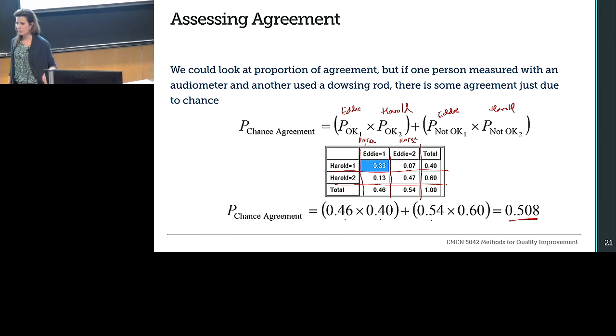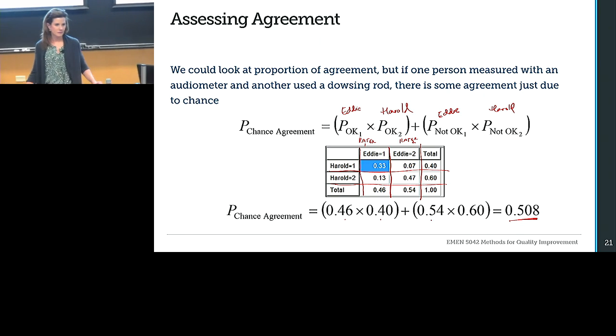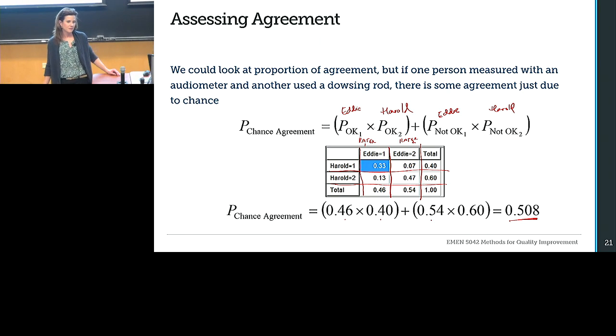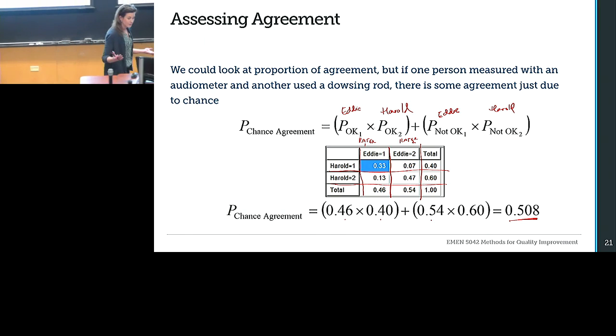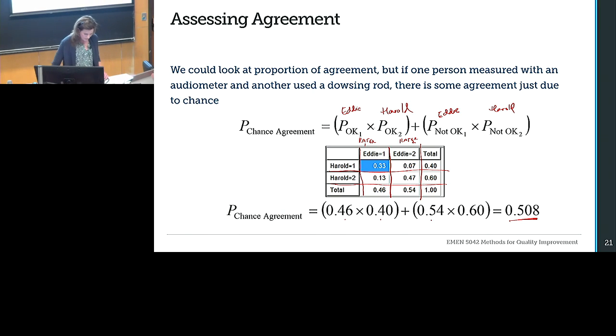That's the proportion of what could be due to chance based on what we know about statistics, right? Okay. If the difference between the observed proportion and the expected proportion is big enough, then it has to be because they are not independent, or there's some dependency in some way.